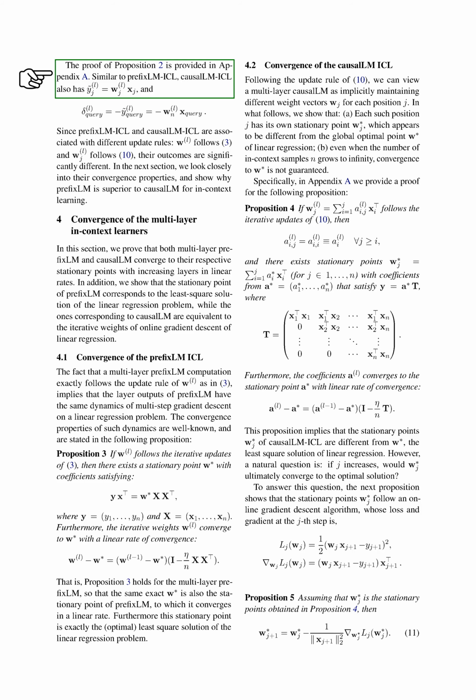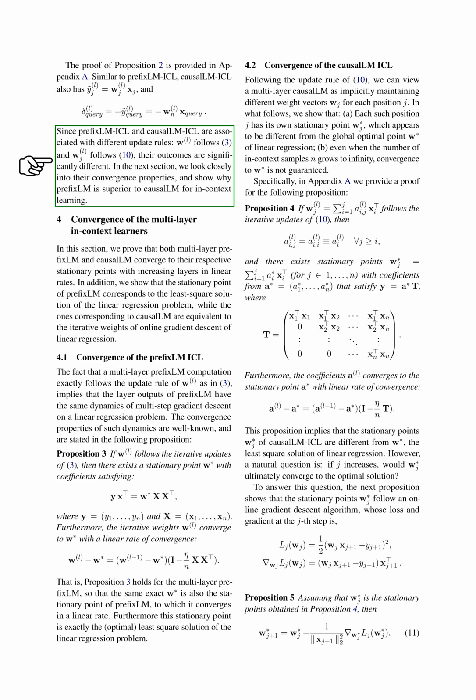Similar to prefix LMICL, causal LMICL also has y_j^l equals w_j^l x_j, and delta_query^l equals w_n^l x_query. However, prefix LMICL and causal LMICL are associated with different update rules, and therefore, their outcomes are significantly different.